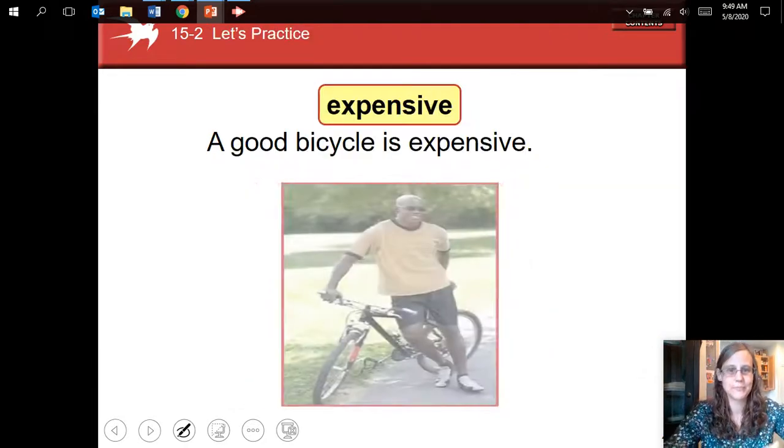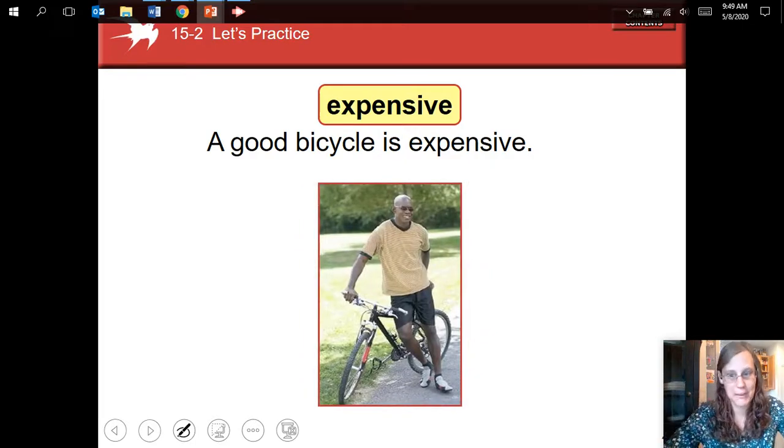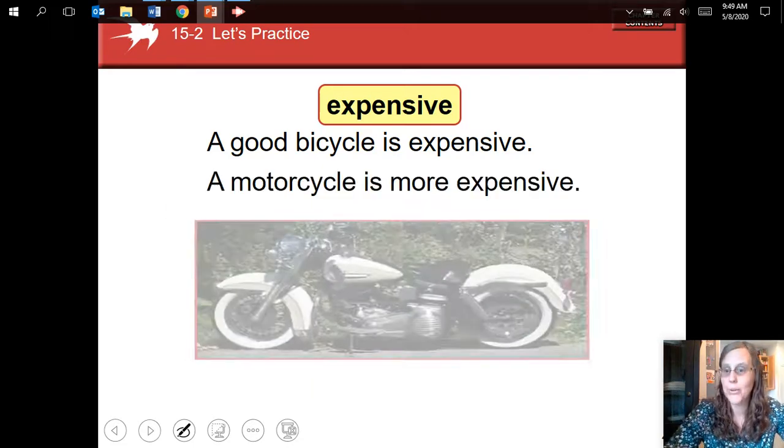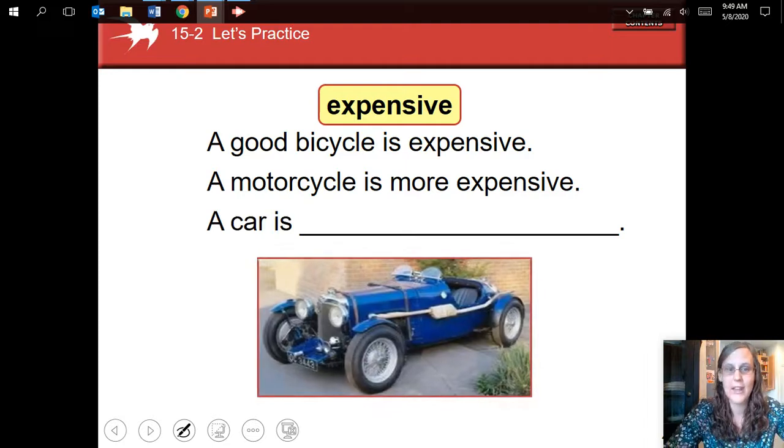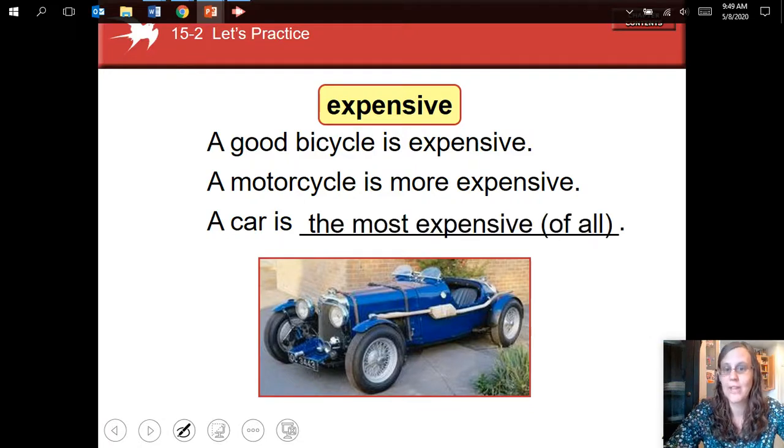So we have the adjective expensive. A good bicycle is expensive. If you want a quality bicycle, it is expensive. Now, a motorcycle is more expensive than a good bicycle. Of all of these, a car is the most expensive.